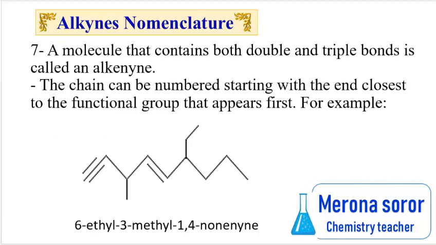A molecule that contains both double and triple bonds is called an alkenyne. The chain can be numbered starting with the end closest to the functional group that appears first, for example, 6-ethyl-3-methyl-1,4-nonenyne.